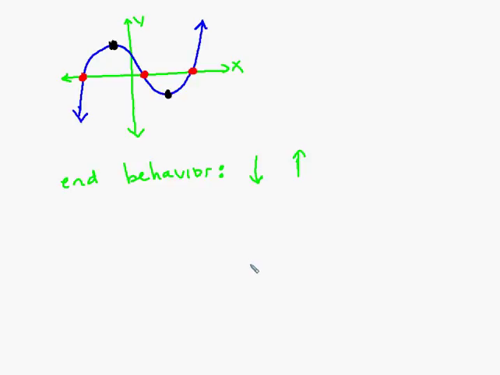Any questions on that? Is that all you do? Yes, that's it. But you need to be able to do it without a picture. So, let's do one without a picture. How can I get this without a picture? So let's say we have y equals 5x cubed plus 2x squared minus 8x plus 20.